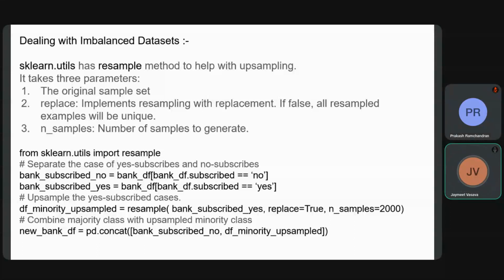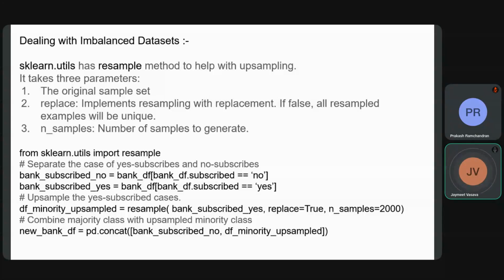So first we save the number of no's in bank subscribed no and bank subscribed yes, and then we upsample the dataset and save it in DF minority upsampled.